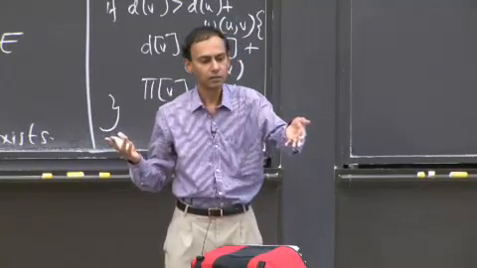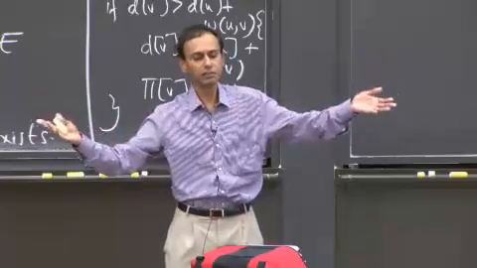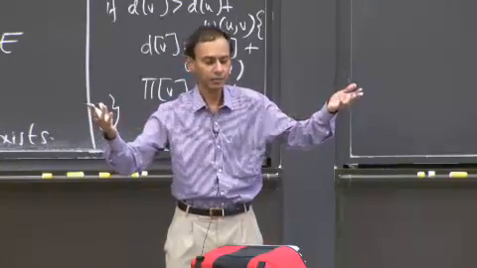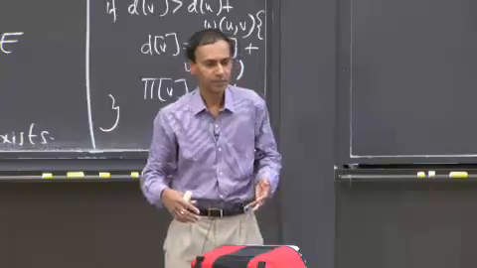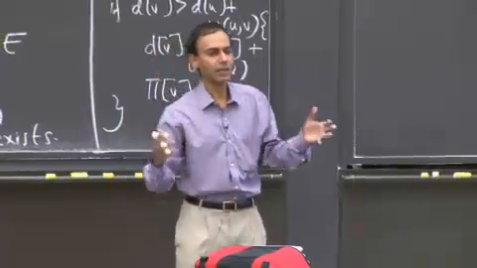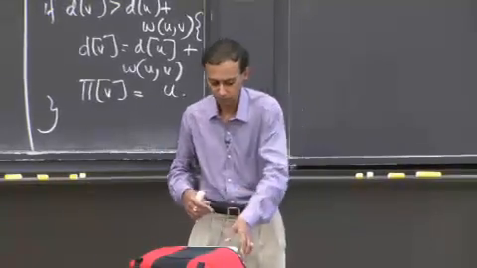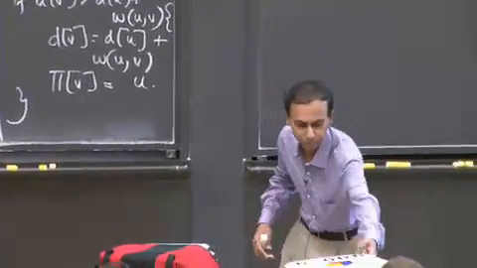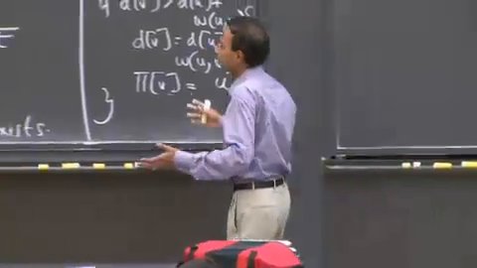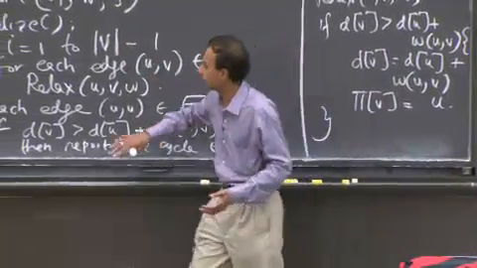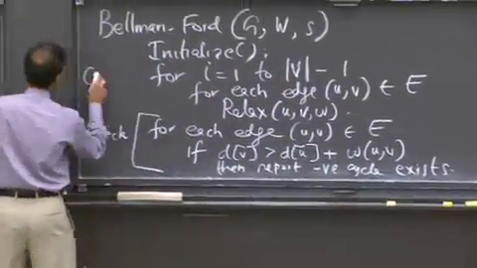But when you do VE plus E, in big O you can ignore the E. So you have just V times E. All right, good. So this part here is V times E.